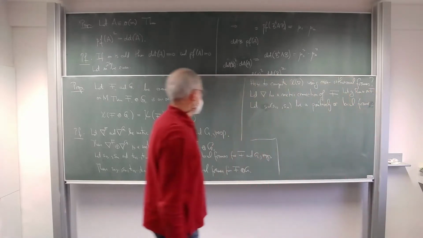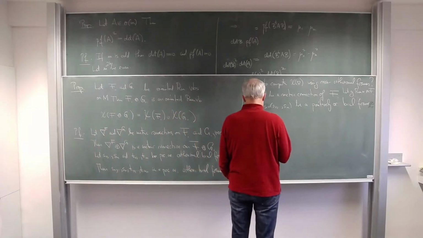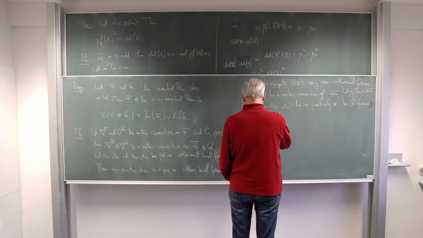Let me just give this a name. And then we can look at the metric curvature matrix, which we now define as follows.